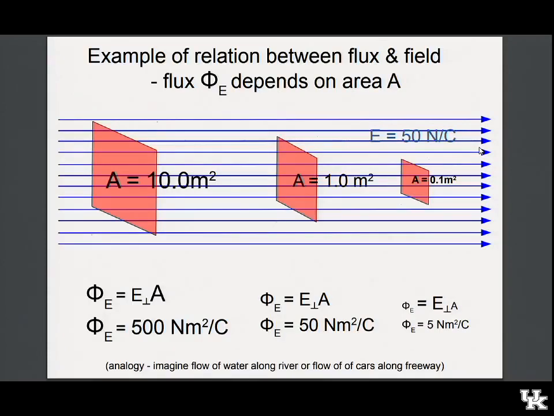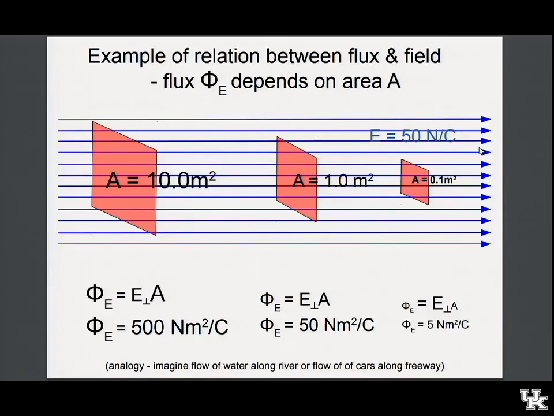So this is a special orientation of these surfaces in the field, in which the field lines are perpendicular to the face of the surfaces, in which the vectors E and A are parallel to one another. So in that case, for this orientation, the flux through each of these surfaces is just the field times the area.